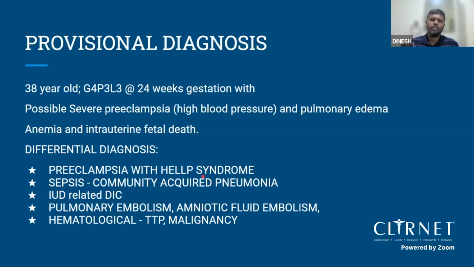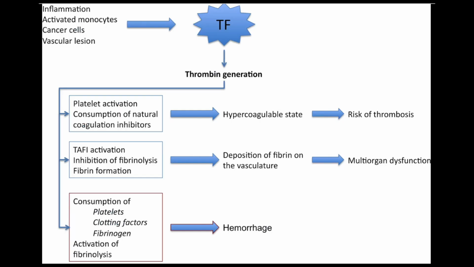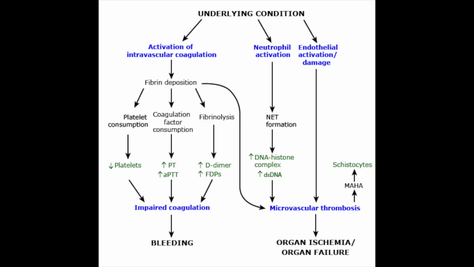And now, lab investigation-wise, she is having a bicytopenia picture with leukocytosis, and our other coagulation parameters point towards a DIC picture with D-dimer elevation, fibrinogen reduced, APTT increased. So this patient may start developing DIC. She might start oozing from her catheter insertion sites, gum bleeding, per vaginal bleeding.